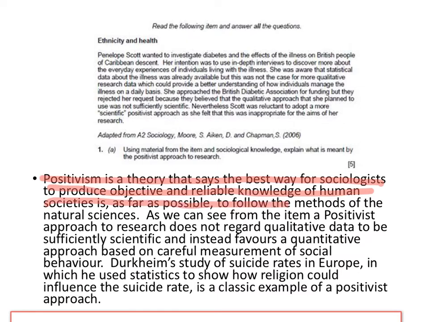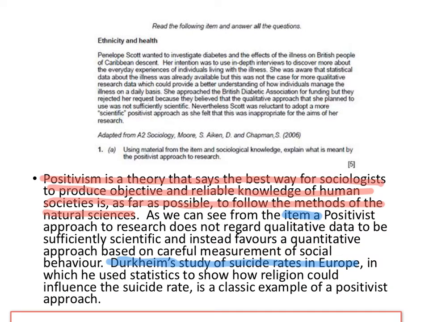That term is clearly defined in the first sentence. After that, we've got use of the item, as we were instructed to do in the question. And in the final sentence, this candidate brings in an example of their own, drawing upon Durkheim's famous study of suicide.